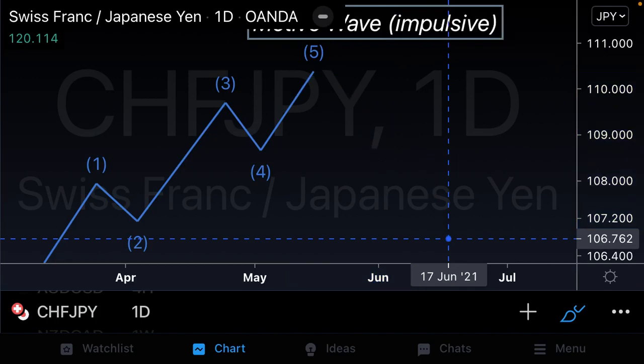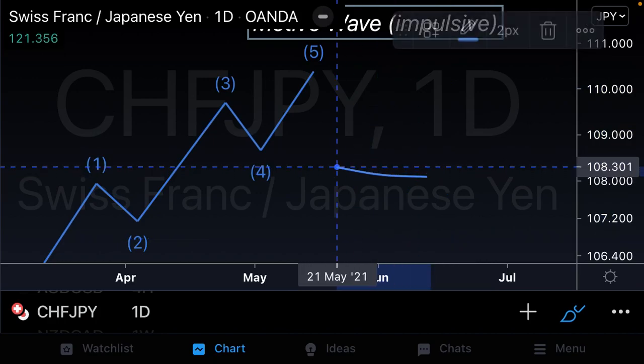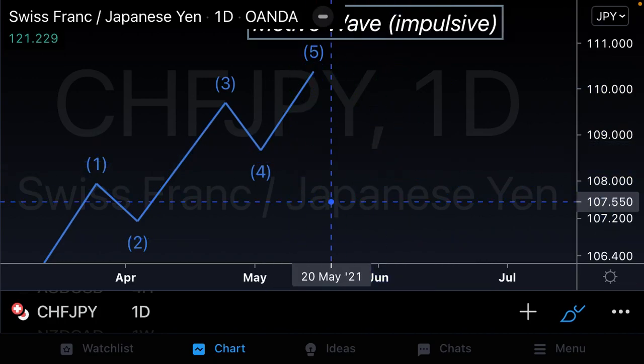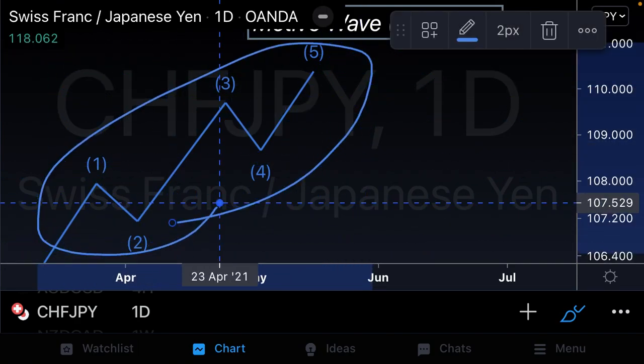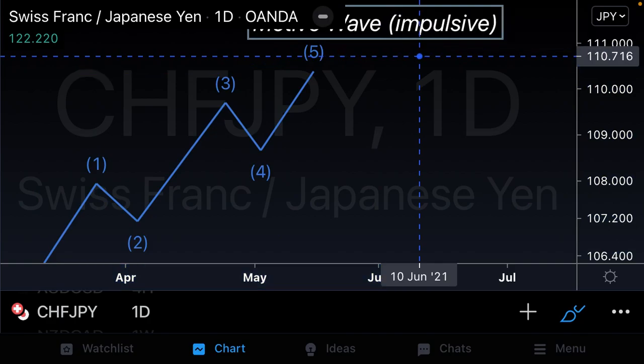Now we spoke about that in our previous videos, guys, that grandmaster cycle, that markets are only in one of 4 phases: an accumulation, a markup, a distribution, or a markdown. Now what Elliott wave is giving us is context as to when we are in a markup period, when prices are impulsing to the next key area of value.